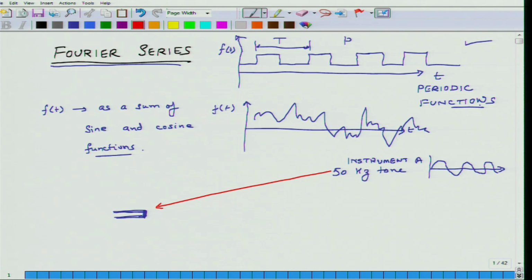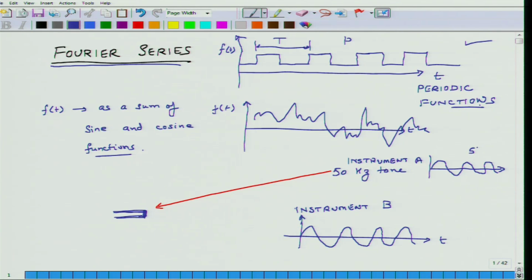There could be another instrument, and what this instrument is doing is it's generating some other repeating thing. So this is another instrument, instrument B, and for purposes of simplicity, let's say that it is generating, so this also generates some noise, and for purposes of simplicity it is generating a 60 hertz tone.